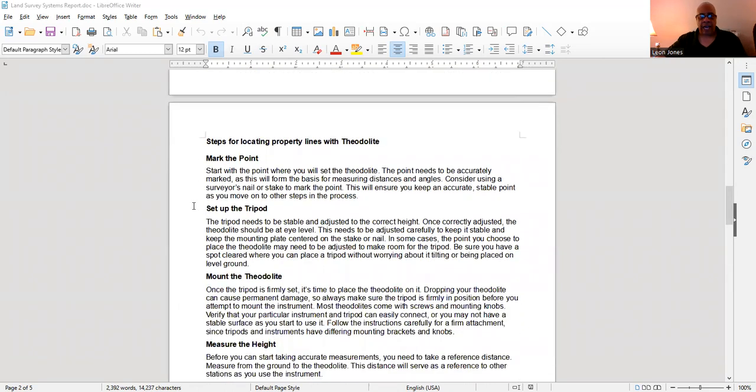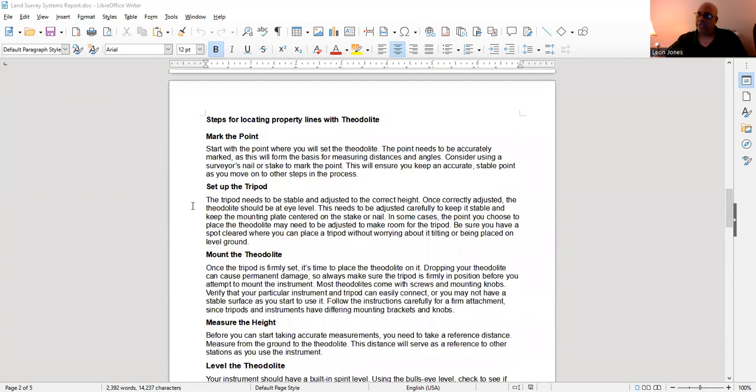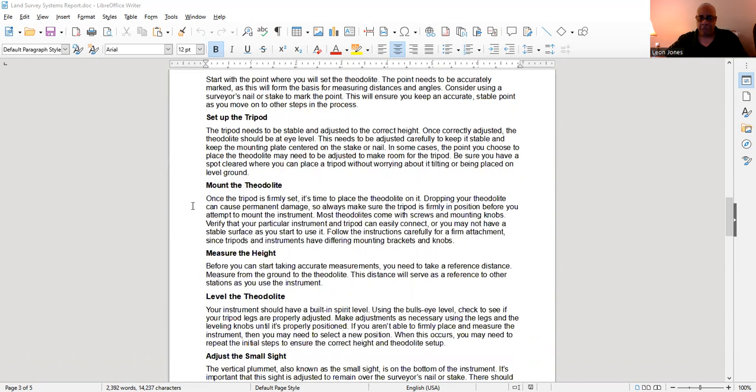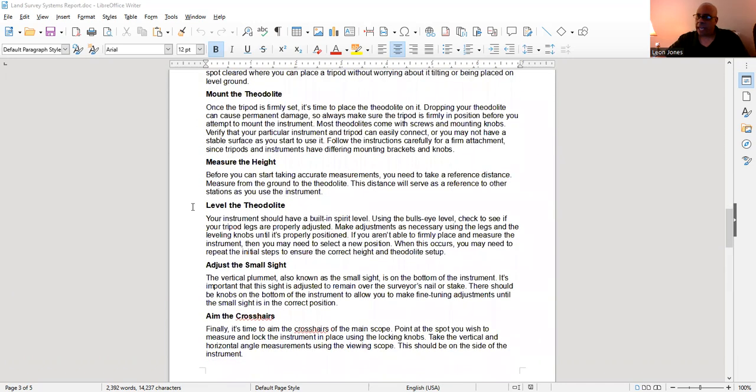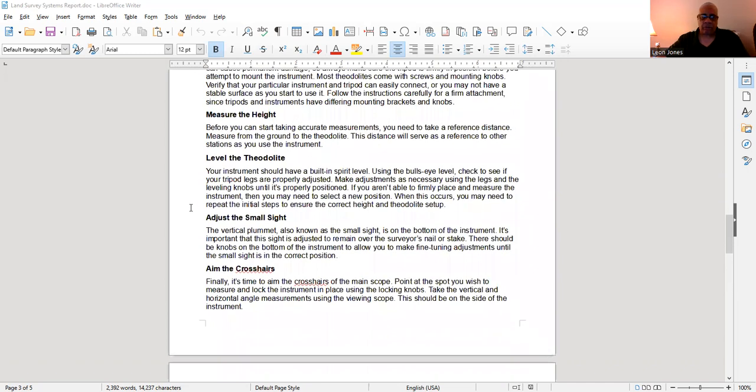You want to use a good old theodolite: you mark the point, then you set up the tripod. You have to mount the theodolite, measure the height, level the theodolite, and adjust the small sight. It means you're going to be looking down at the optical plummet. You have a plumb bob. Make sure that it's straight.